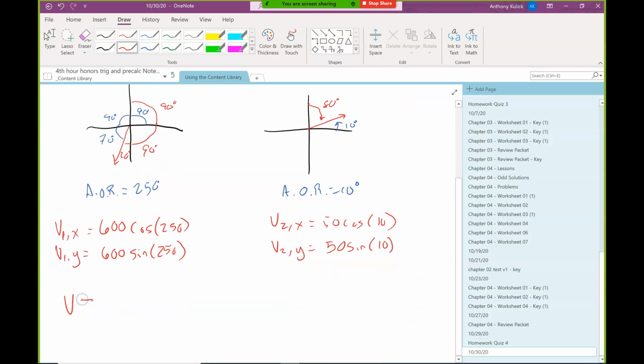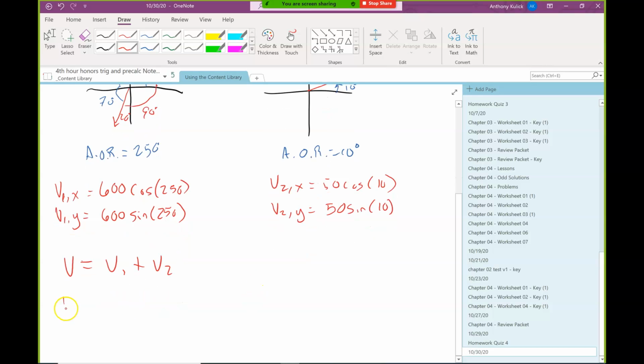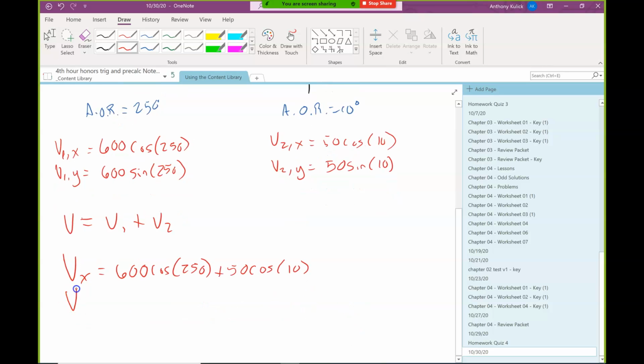And then my resulting vector is going to just be v1 plus v2. So the x component for that vector is the sum of the x components, and the y component is going to just be the sum of the y components.